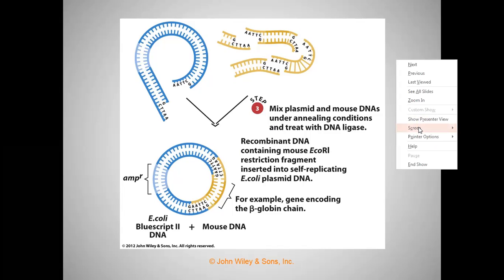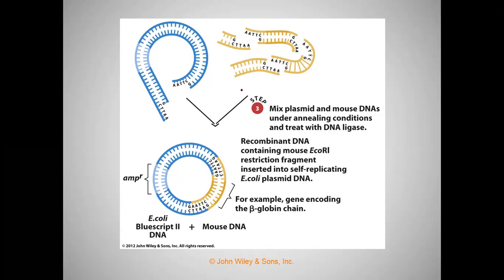For example, this is the plasmid DNA, and this is the cut segment of the mouse genome. When we mix both of these, we will get the hybrid and recombinant DNA, containing the plasmid and the beta globin gene. The recombinant DNA contains the mouse EcoR1 restriction fragment inserted into self-replicating E. coli plasmid DNA.